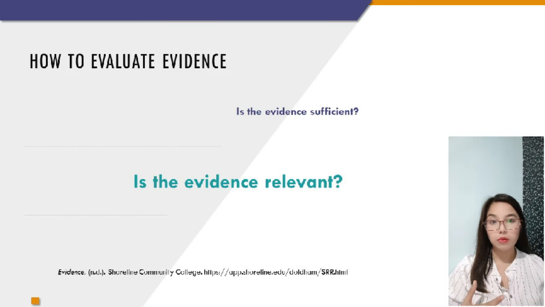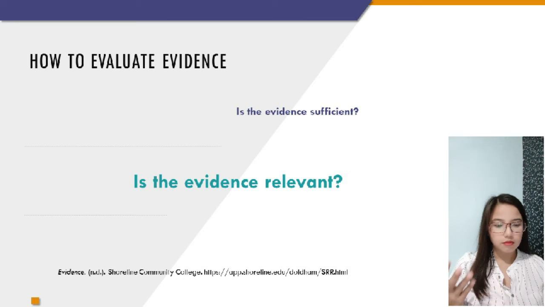Another thing that you can check about the evidence is whether it is relevant. Is it really about the claim that the author wants to prove, or did they go off on a tangent, meaning the provided facts don't have anything to do with the claim? For example, your claim is that AstraZeneca vaccine is better than Sinovac. And then the proof that you gave is that AstraZeneca is used in more countries compared to Sinovac.